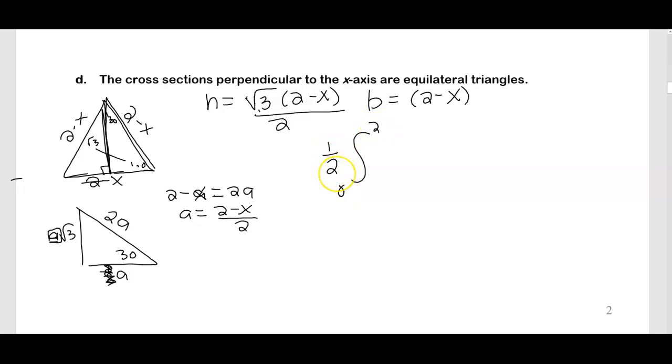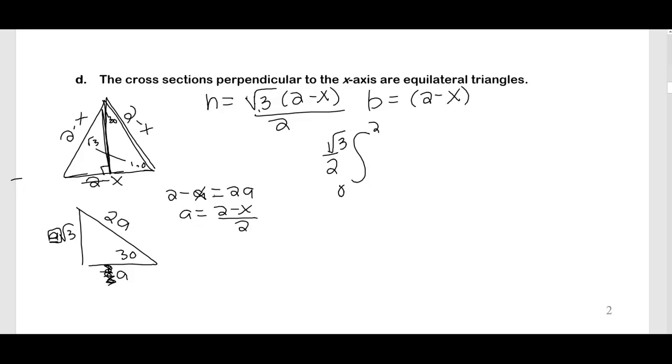Our last test of this year is all on this and area between curves. So bring out the 1/2 base times height. Bring out the root 3.